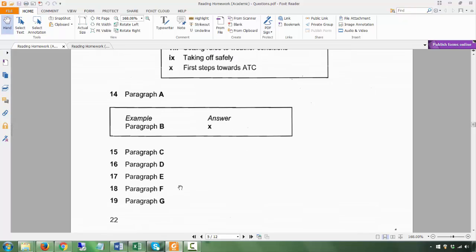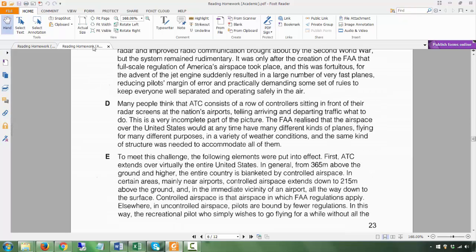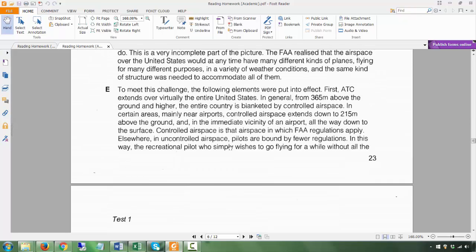And paragraph E, the answer will be setting altitude zones. All right. So altitude is the height. Okay. It's the zones. Okay. So basically here, to meet this challenge, in general from 365 meters above, blah blah blah, is blanketed by controlled airspace.